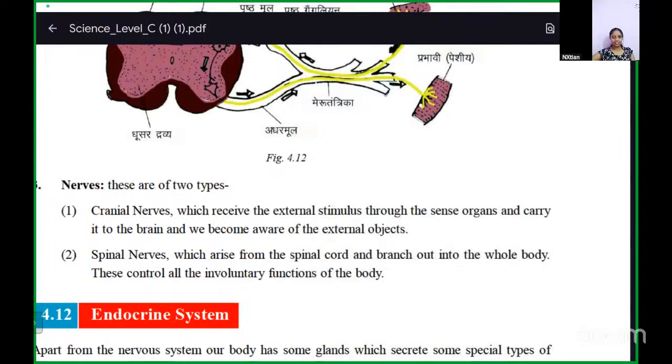Those actions are known as reflex actions, and spinal nerves control those actions that happen involuntarily. We don't actually do it ourselves, but it is the body's natural response to something. Those actions are controlled by spinal nerves.